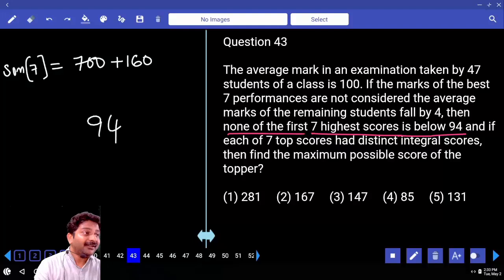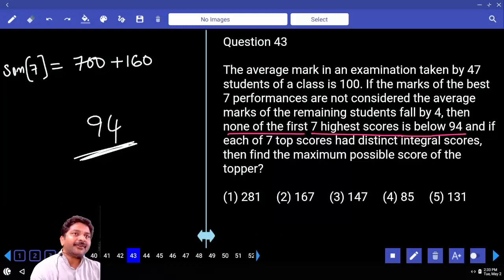If I write 94, will the condition get satisfied? Yes. Is it less than 94? No, right? So can I take 94? Obviously yes. Understood? It was said it should not be less than 94. Equal is allowed, right? So we can definitely take 94.